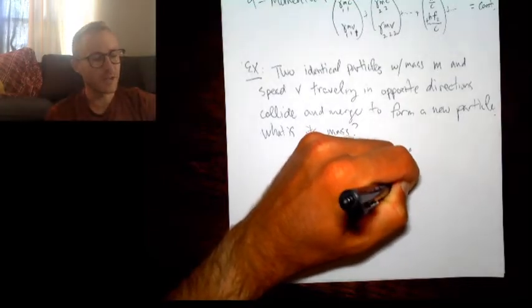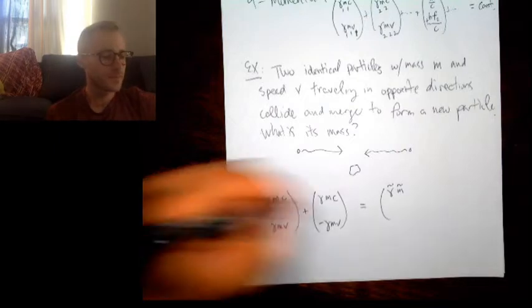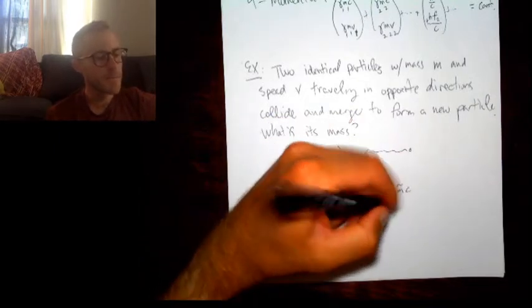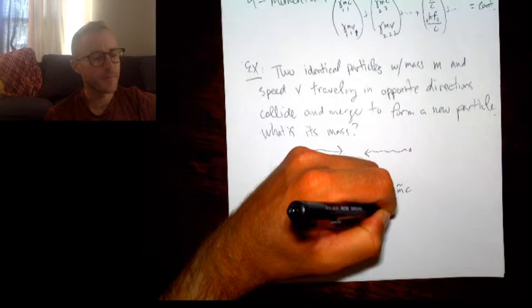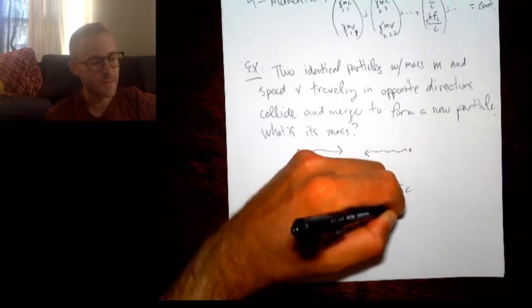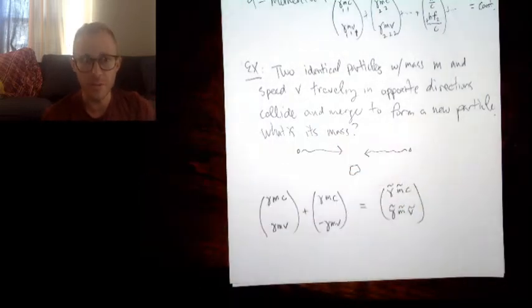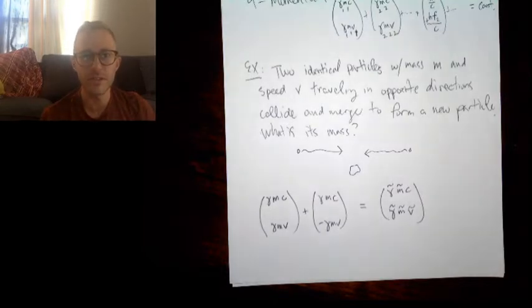I'm going to call the mass of that m squiggle, and I'm going to call its velocity v squiggle, and I'm going to call the gamma that would be calculated from that velocity gamma squiggle. Okay?